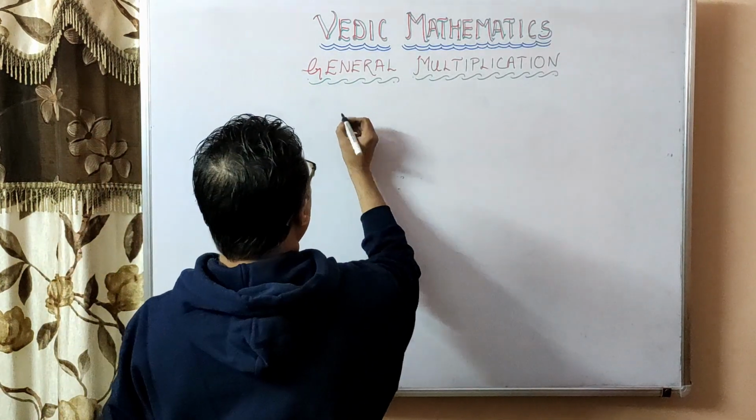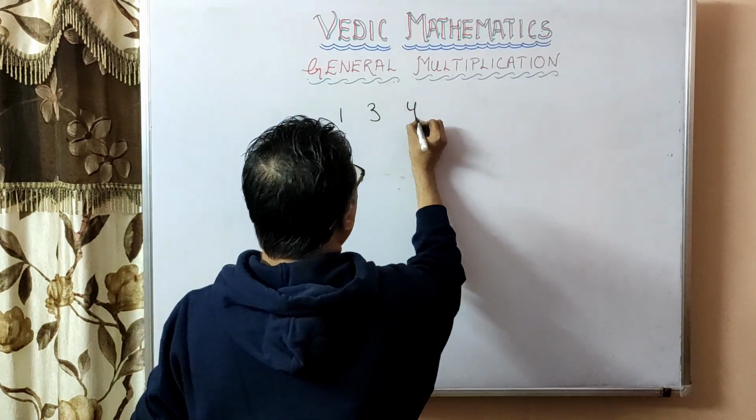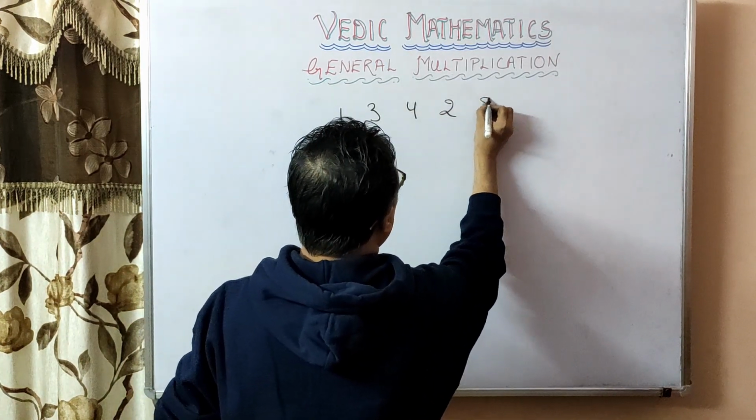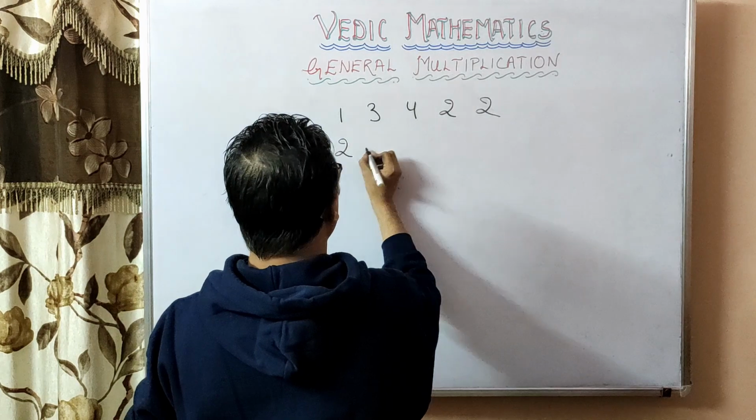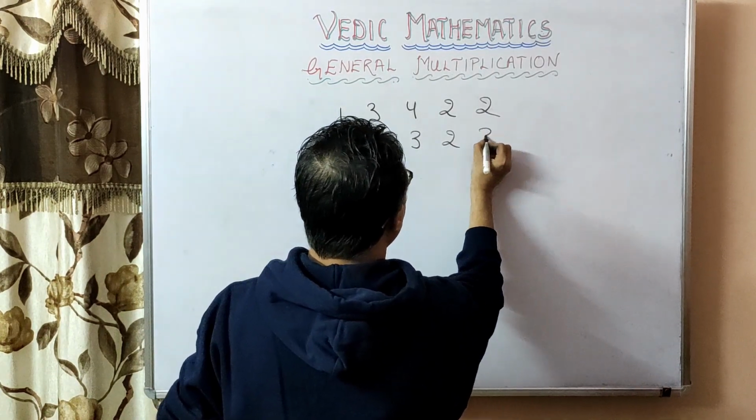For example, now we have to multiply, say 1, 3, 4, 2, 2 with 2, 1, 3, 2, 3.